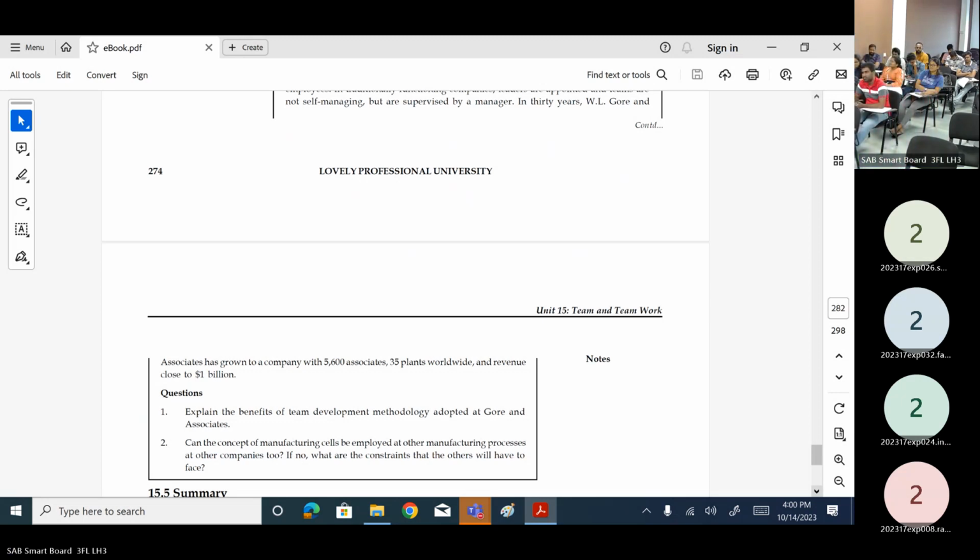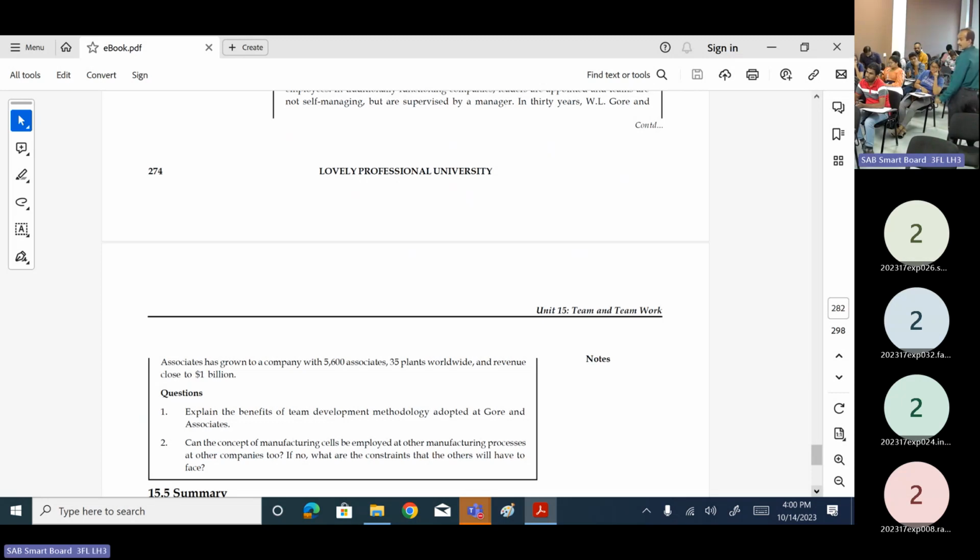Right. Question 1. I am not politicizing, I am explaining the reality. Question: Explain the benefits of the team development methodology adopted at Gore and Associates. But you have to blend the concepts you learn from this lesson and from other lessons and some actual explanations given here. At least 5 benefits should be identified and briefly explained.